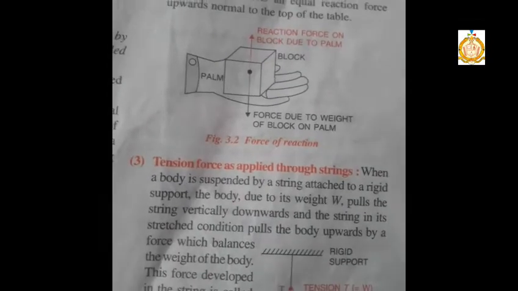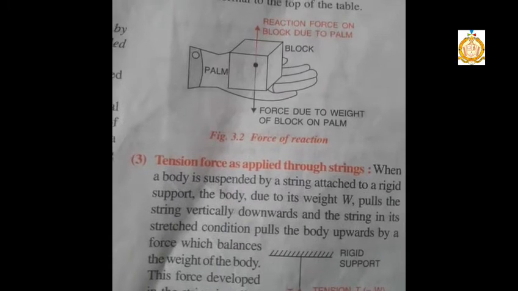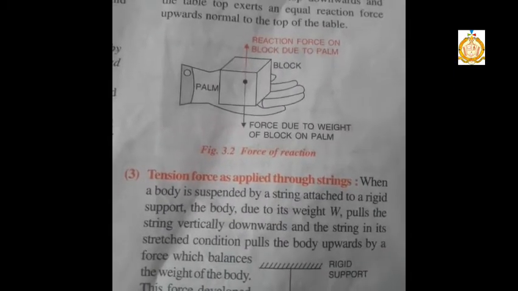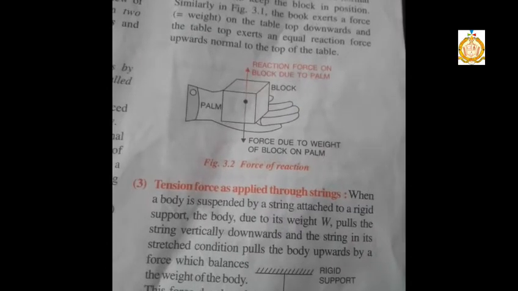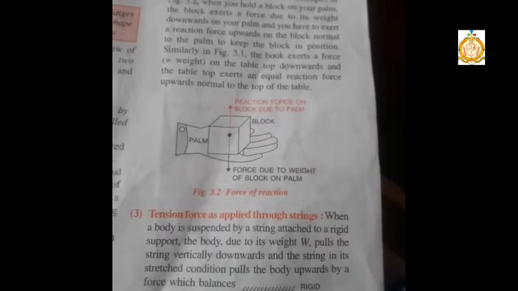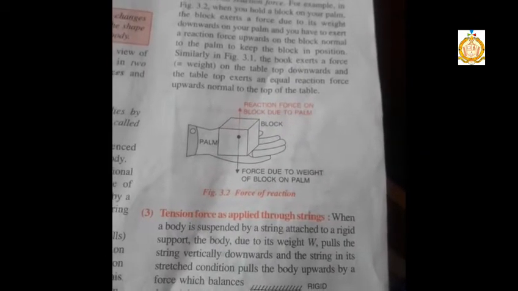Then the second one is tension force. Tension is very important, students, in the 9th standard. Mostly we use tension. Tension होता क्या है? खिंचाव, खिंच. Take a spring and put a weight on the spring. Then from its original length, force is applied downward and the length of the spring increases.